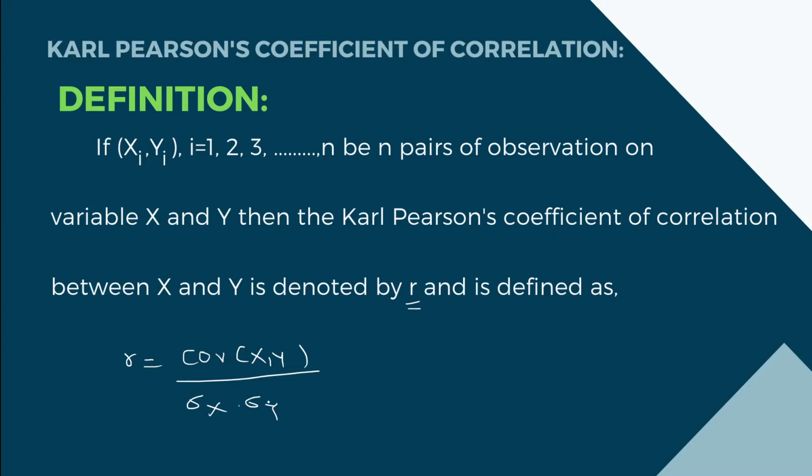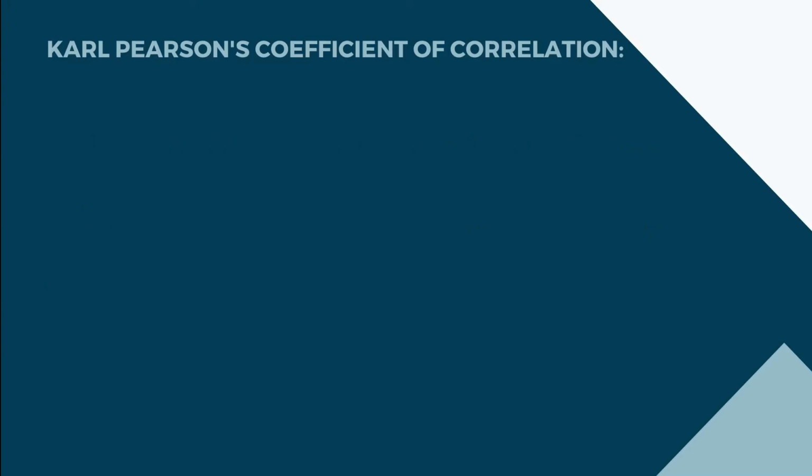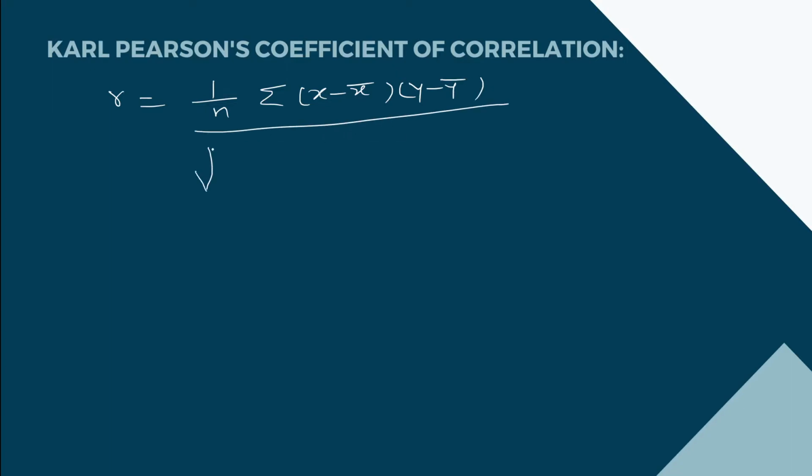By putting the formulas for covariance and standard deviations, we get the formula for r is equal to 1 upon n summation x minus x bar into y minus y bar divided by the standard deviation of x, which is given by under root 1 by n summation x minus x bar bracket square, into under root 1 by n summation y minus y bar square.